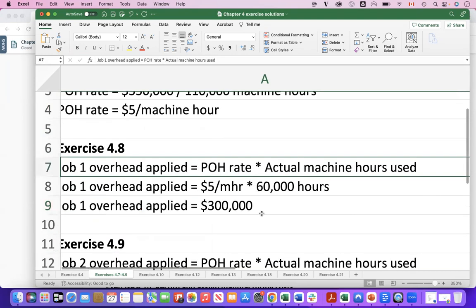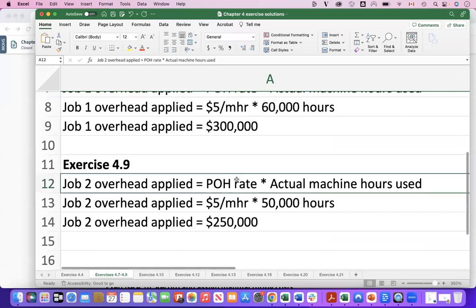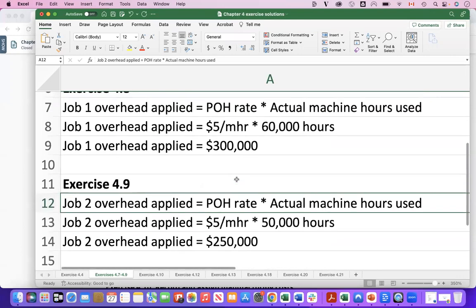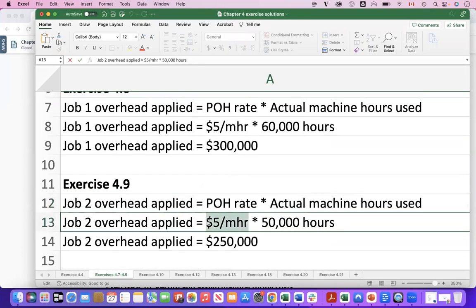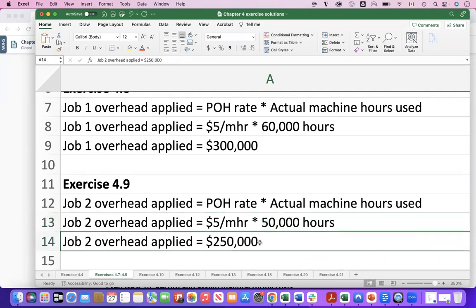For job 2, same process. We take the predetermined overhead rate, which is still that same $5 per machine hour, and multiply it by the hours used. In this case, job 2 used 50,000 machine hours, meaning we're going to apply to it $250,000 in manufacturing overhead.